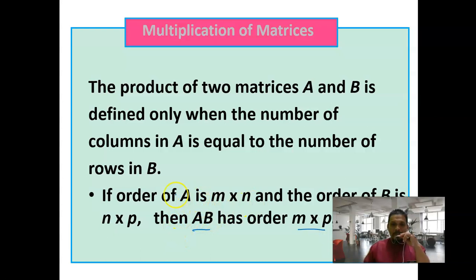So the matrix A is m times n and the order of matrix B is n times p.